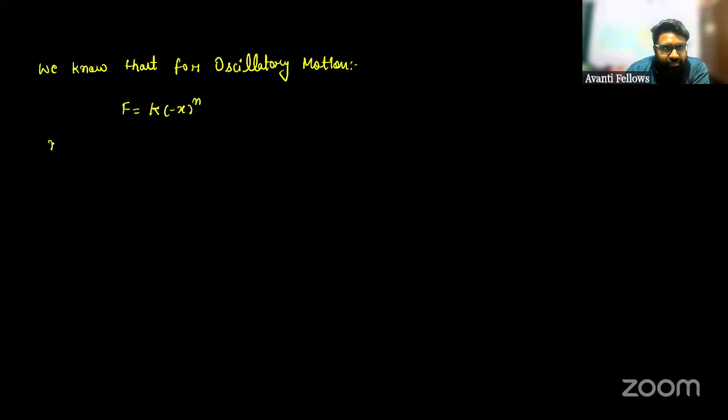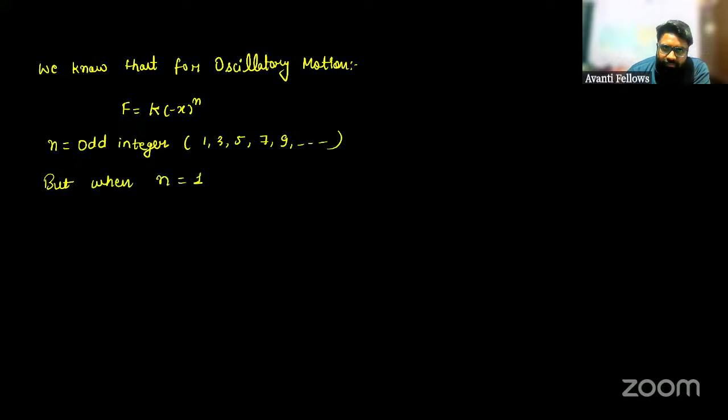यहाँ पे n का वैल्यू क्या हो सकता है? n can only be odd integers. Odd integer. ठीक है? Which means 1, 3, 5, 7, 9, etc. ठीक है? But when n is equals to 1, so for this case F will become minus kx.